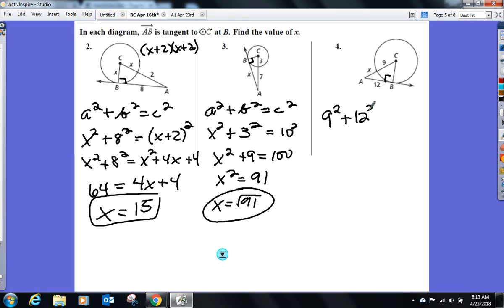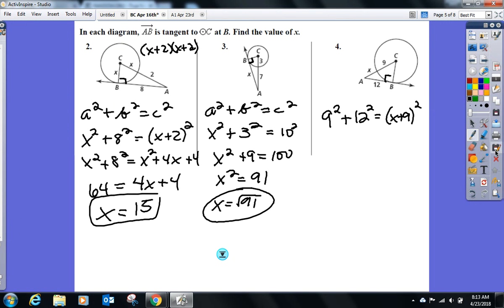12 squared. All right, here's where I'm going to stop you guys. Because I know a lot of you would say the hypotenuse is x plus 9 squared. And you would do what we did over here, double distribute. You'd probably have to end up factoring here because the x squareds aren't going to cancel out. And I don't know how many people want to do that right now. I don't. So here's my thought.